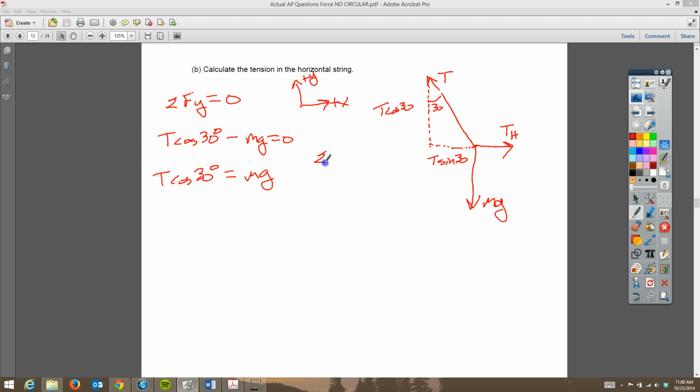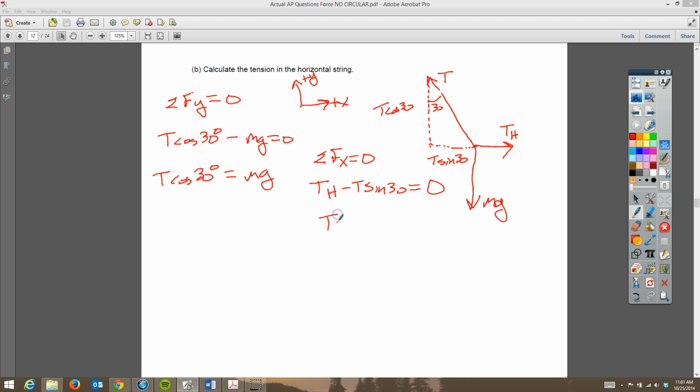The other thing we need to do is say sum of the forces in the x direction is equal to 0. We've got two forces in the x direction. The one going to the right is the horizontal tension minus T sine of 30, which is the angle there, and that is this component of the tension, and that's equal to 0.